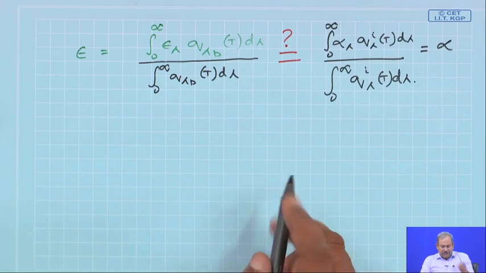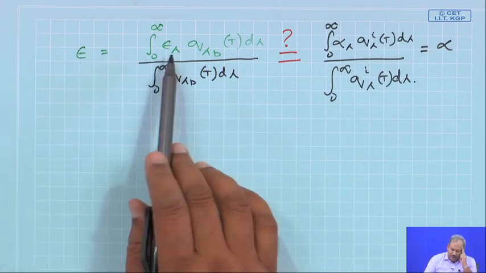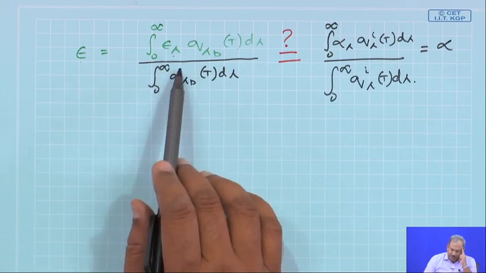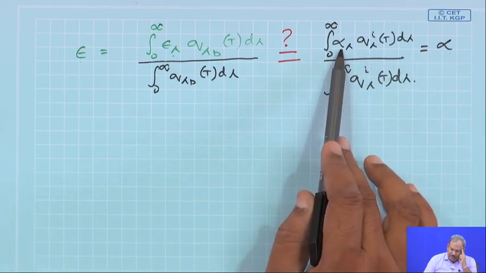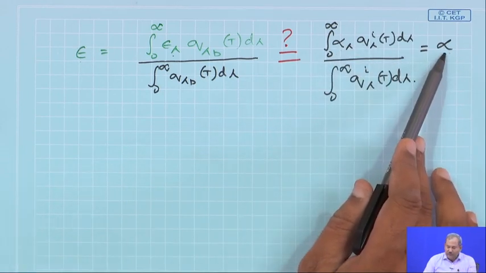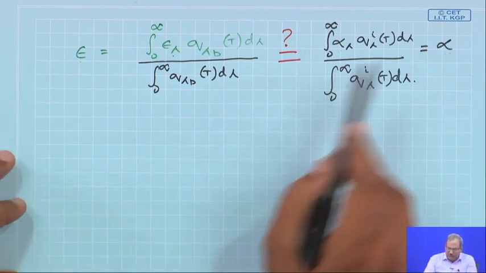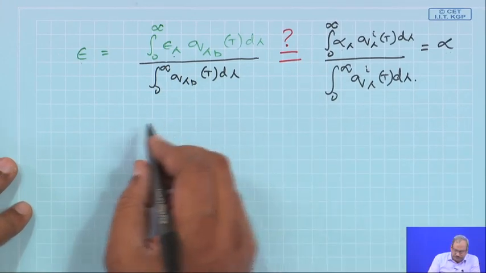So, these are just the definitions of overall emissivity from spectral emissivity, and the overall absorptivity from spectral absorptivity. So, when are these two going to be equal, when am I going to put this equality sign?